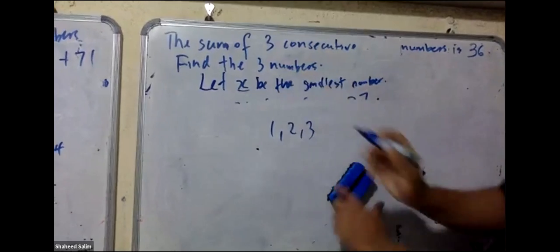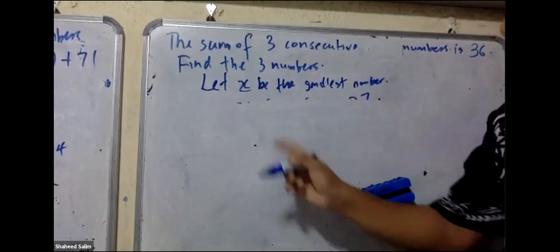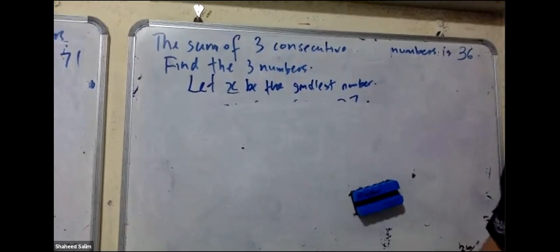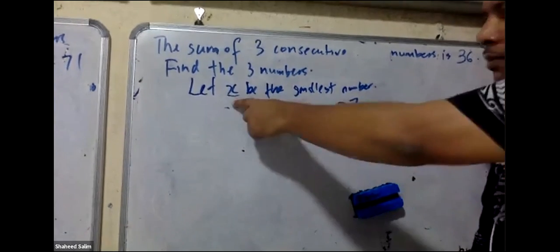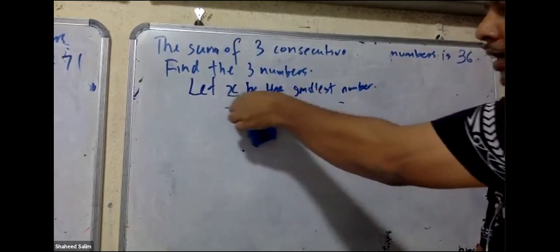Not odd, not even, it's one after another. Can you find the three numbers? Same thing, let x be the smallest number and then solve. What are the next two numbers?